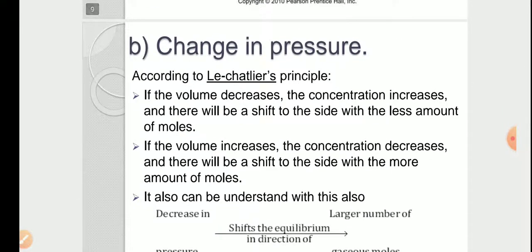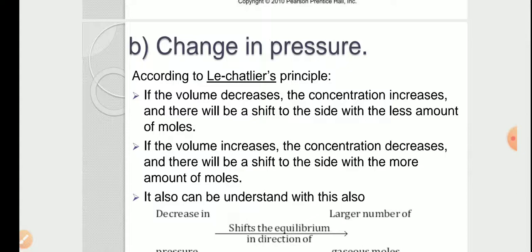So now another parameter, that is the effect of pressure, that is change in pressure. Again, according to the Le Chatelier principle, it is a very simple phenomenon.